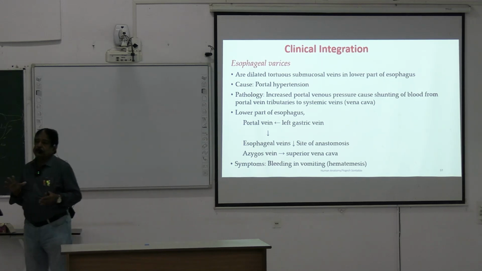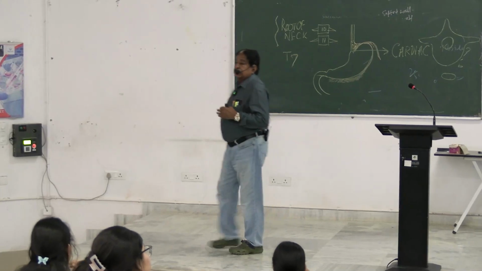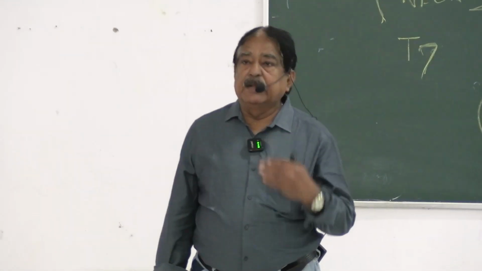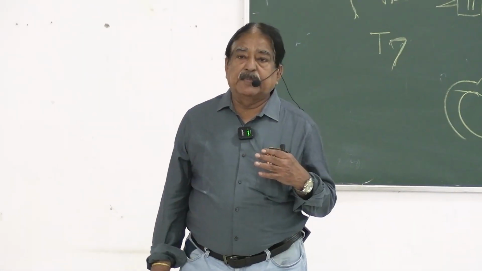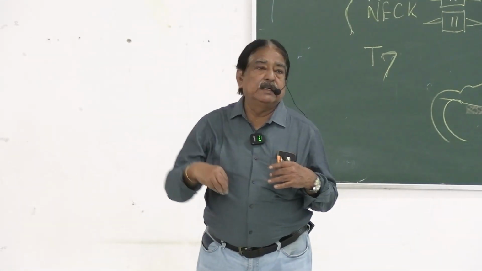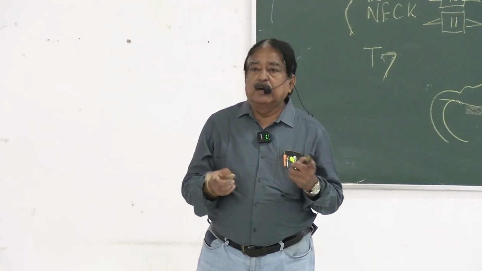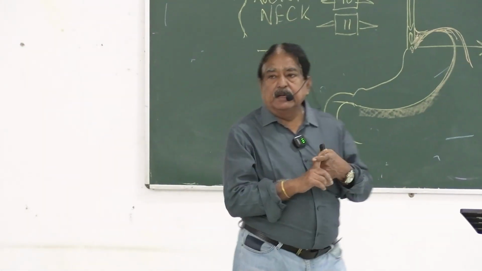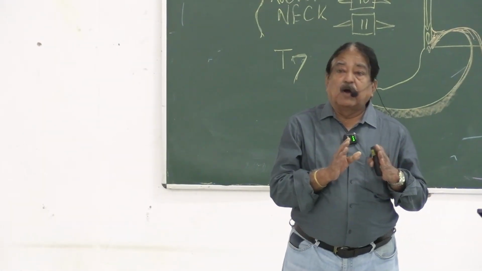Now, a person comes with bleeding from the esophageal varices, then what happens? The blood percolates and goes into the stomach. Now, with the acid in the stomach, it transforms to coffee color.